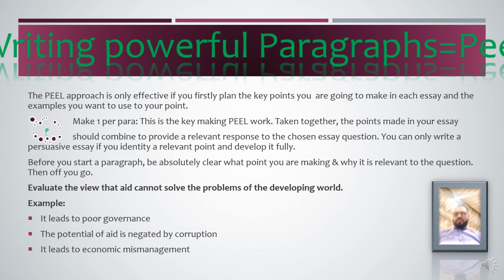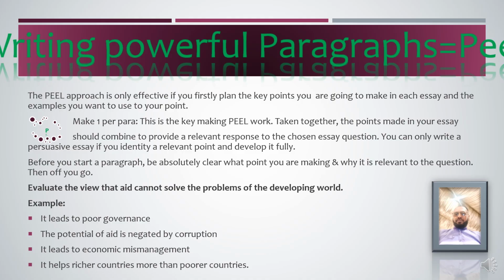Third point you can include: it leads to economic mismanagement. I told you about that. So the three points mean these three paragraphs, and in every paragraph, you should highlight one point, one argument, and you should explain it, give evidence to it, and then you should evaluate it, and all those points should be related to the question being asked.